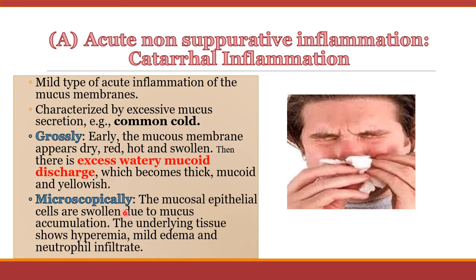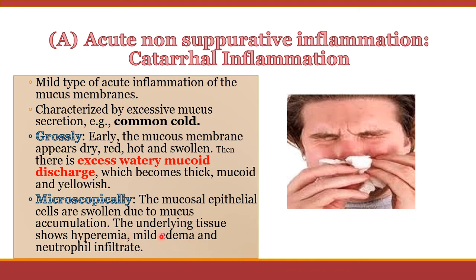If we examine that under the microscope, we will see that the mucous epithelial cells are swollen because of accumulation of mucus in their cytoplasm. And also the tissues underneath the epithelium are going to show increased blood flow, which we also call hyperemia.